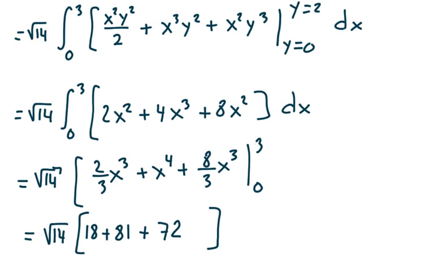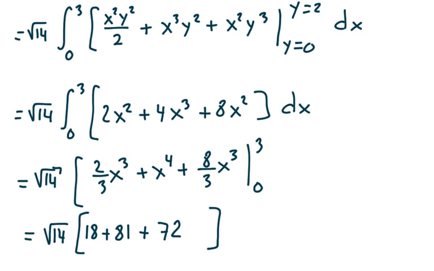Now I'm going to replace the y with 2. So it's square root of 14 times the integral from 0 to 3 of 2x squared plus 4x cubed plus 8x squared dx.